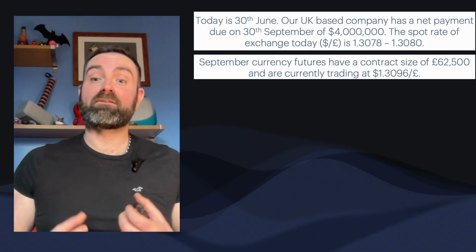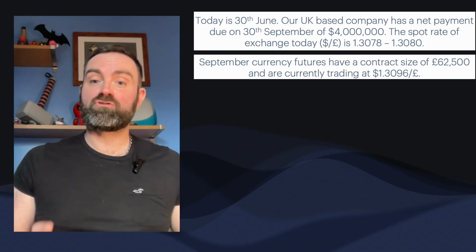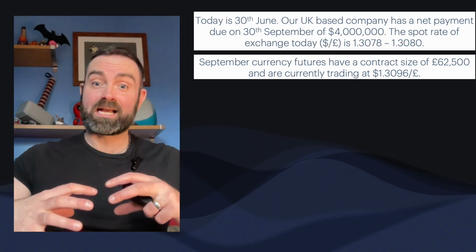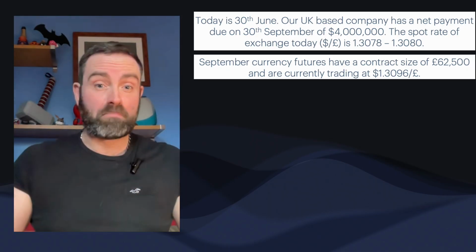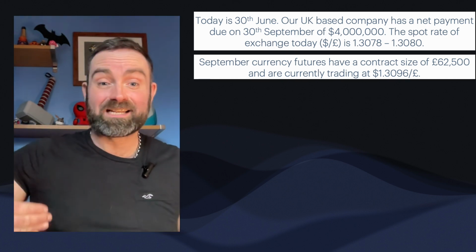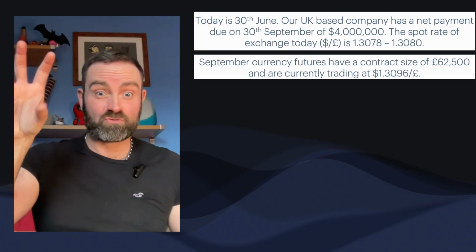September currency futures have a contract size of £62,500 and they're currently trading at 130.96. Okay, so that's the rate that they are currently buying or selling at. And if we use those currency futures, that's the rate where essentially we'll be trying to fix our exchange rate for this future transaction at.